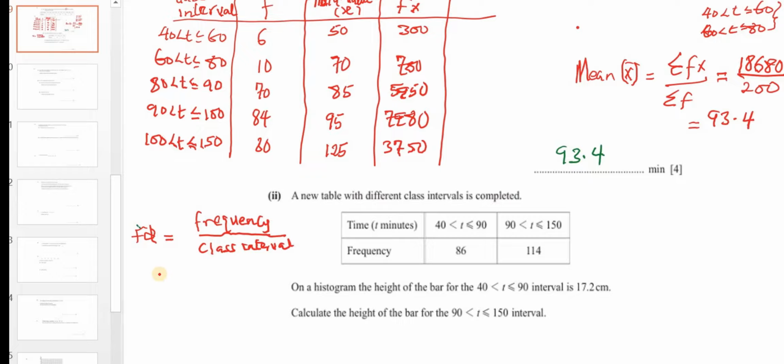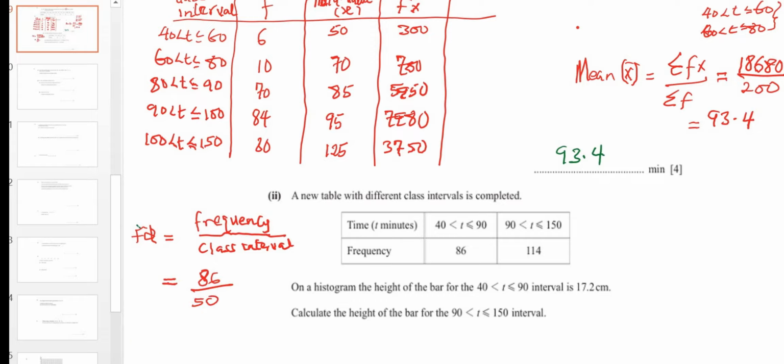So the frequency density for the first class interval here is 86 divided by the class interval, from 40 to 90, that's 50.